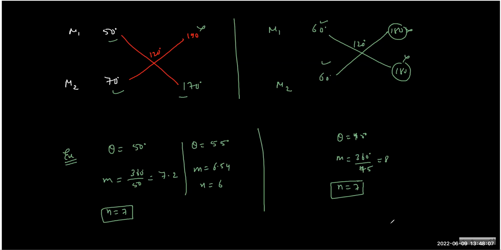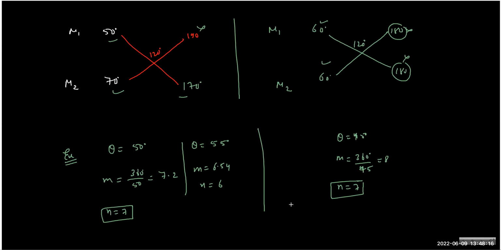So in that 55 degree case, what was the rule? It's 6.54, so the number of images will be 6, the integer part. In that case, we don't consider even and odd because it's a fraction. So we are removing the fraction to get the answer. No need to think of even and odd.